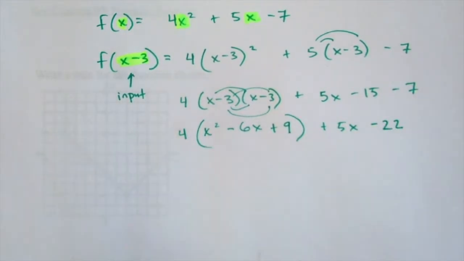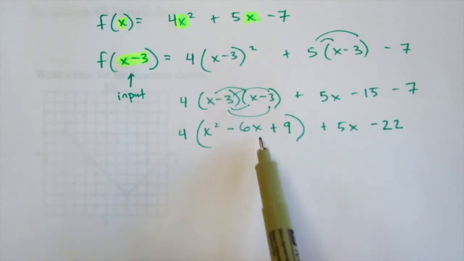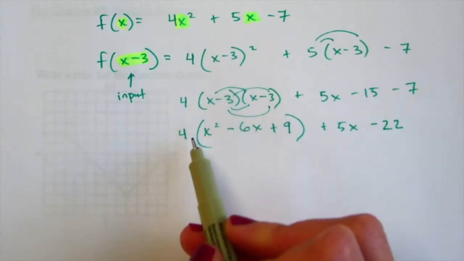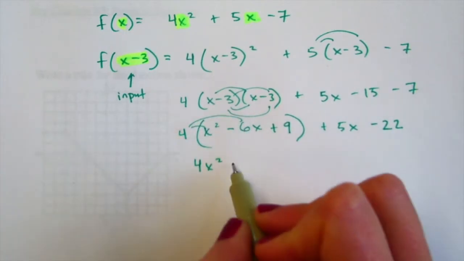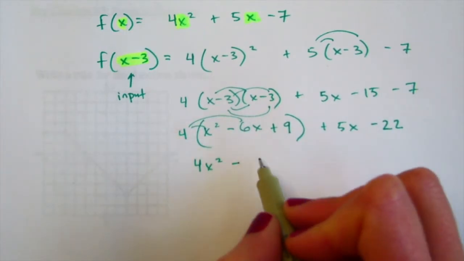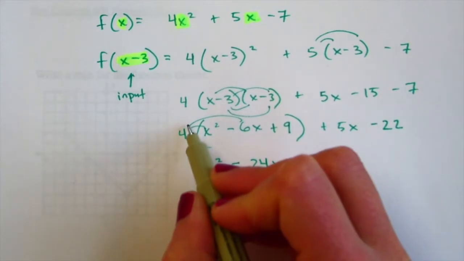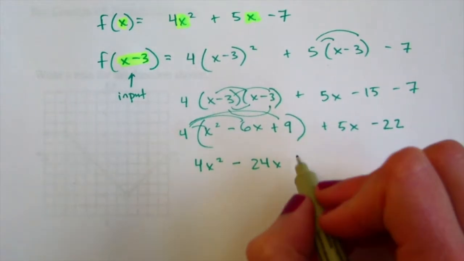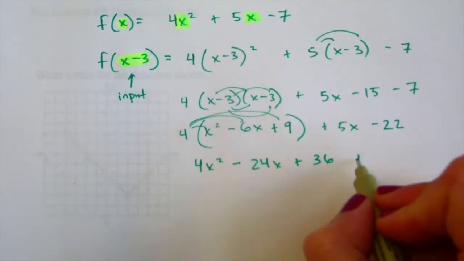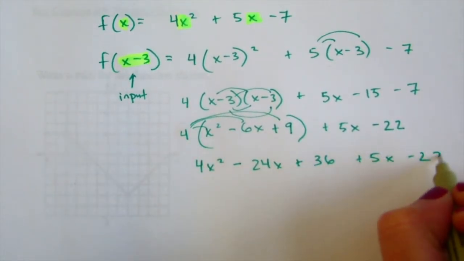Okay, now to distribute this coefficient here, this 4, 4x squared. 4 times negative 6 is negative 24x, and 4 times 9 is 36. Okay, I'm almost done.